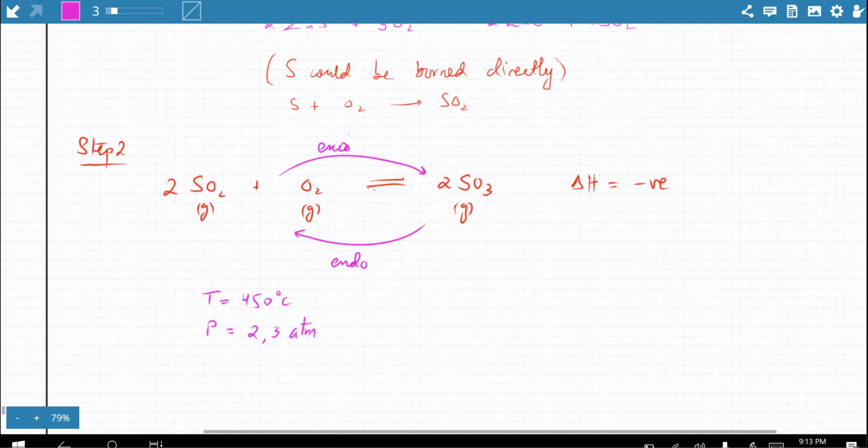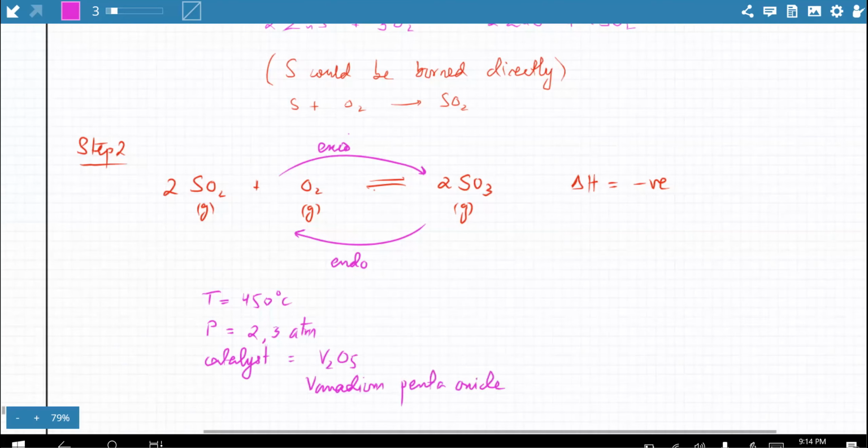The third is a catalyst, used to speed up the reaction. That catalyst is V2O5, known as vanadium pentaoxide or vanadium 5 oxide. Penta and 5 basically mean the same thing.